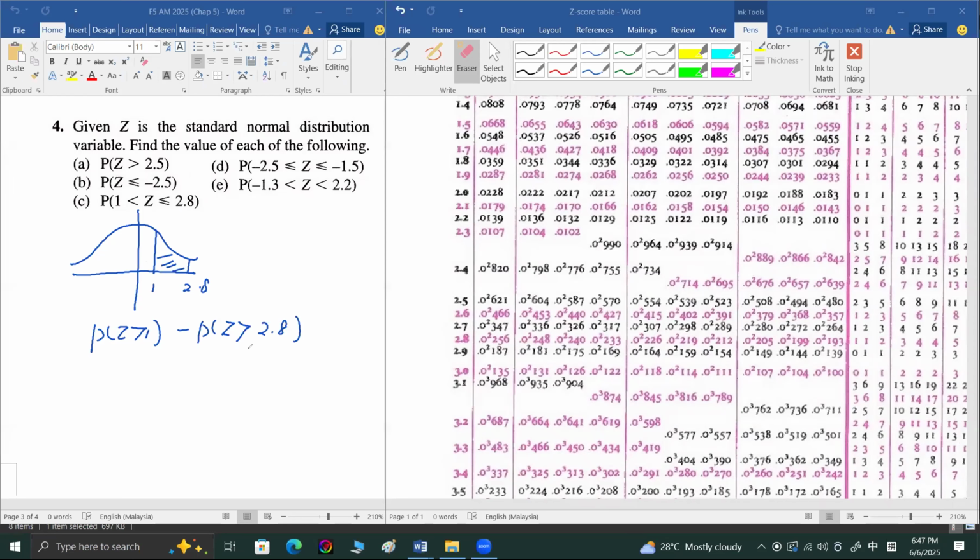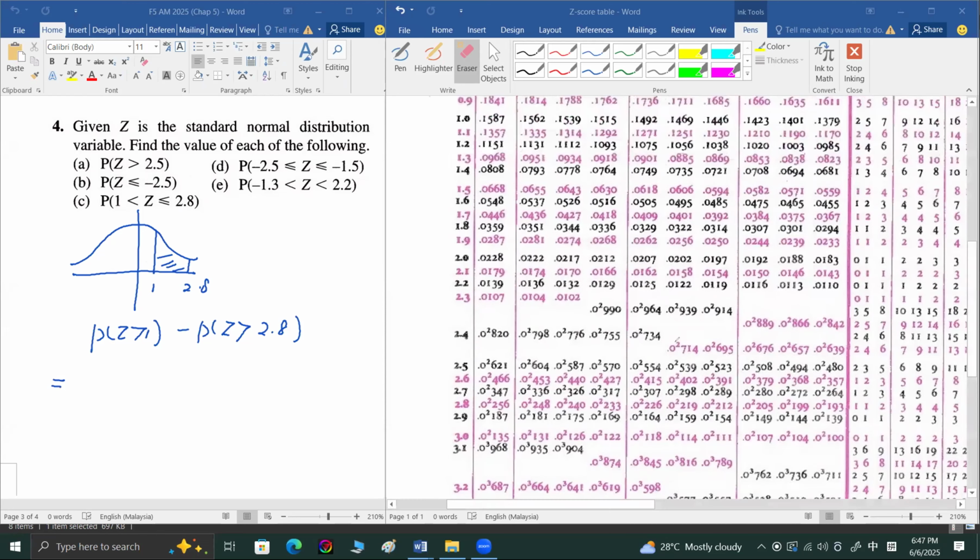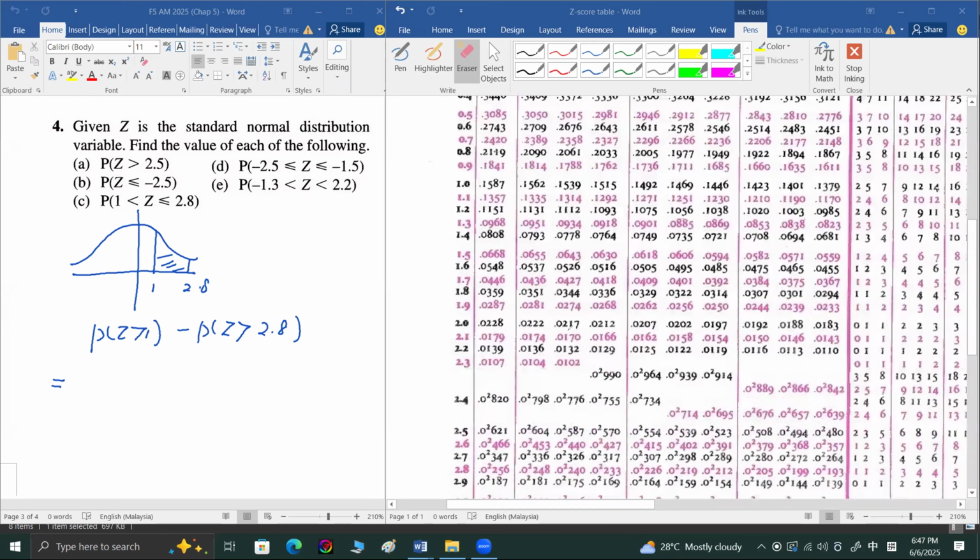Okay, so now look at how I show you. Greater than 1. Can you see 0.1587? So I get 0.1587. For 2.8, then 0.00256.